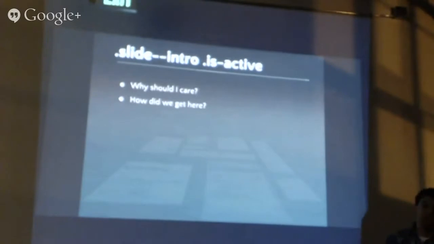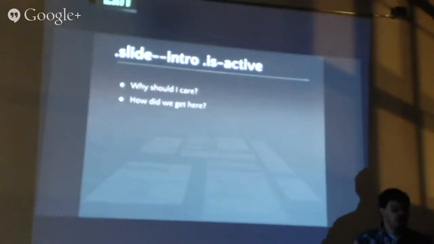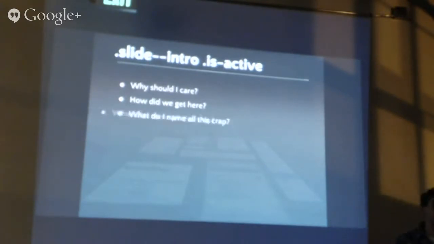Then a little bit of backstory, where we came from, and some of the advances that have been made. Obviously preprocessors are a big part of that. Then I'll talk about some of the common problems and solutions that this way of thinking lets you deal with, including the problem of naming things.